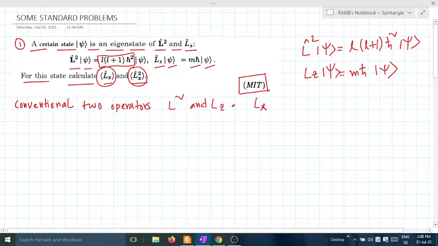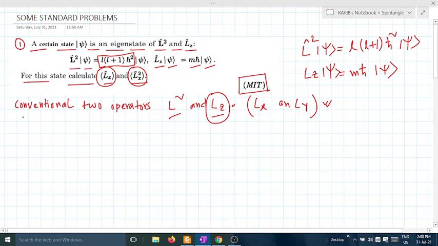Lx and Ly are less important than Lz and L square, because Lz is the conventional direction for measuring the angular momentum.